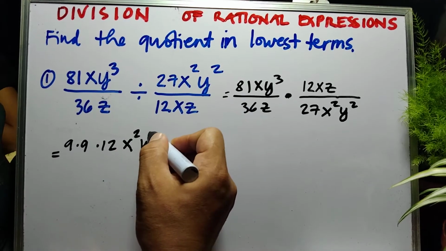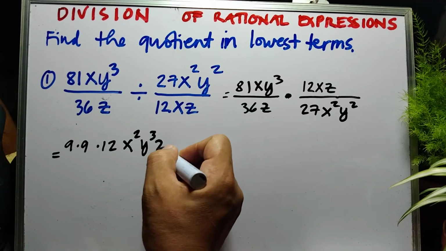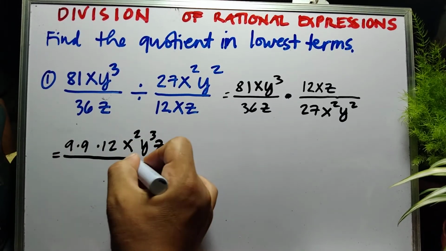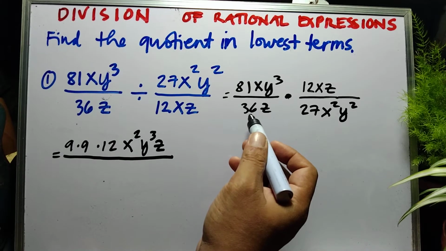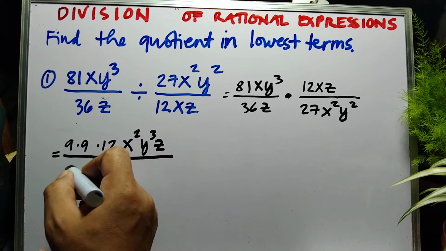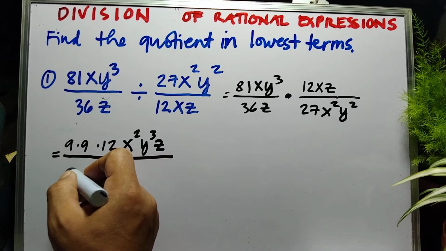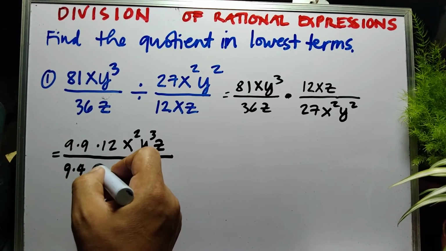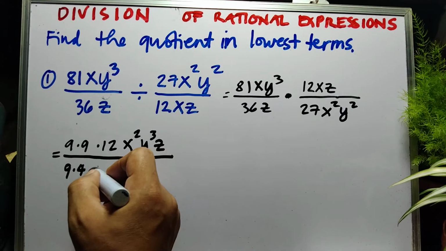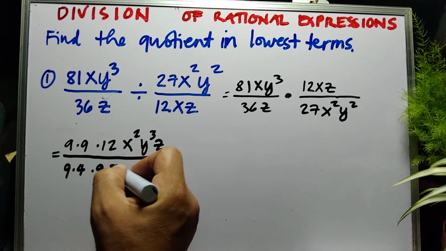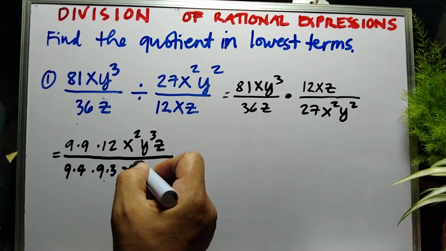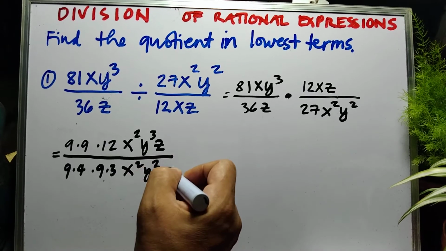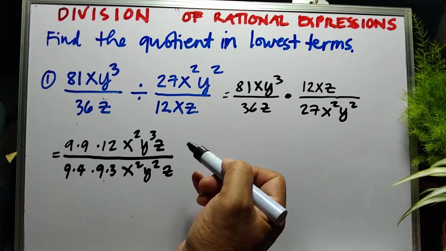Then, just copy the other variable, y cubed, z. Whole over. Factor of 36, 9 times 4z. How about the 27? You have 9 times 3. Then, you have x squared, y squared, z.